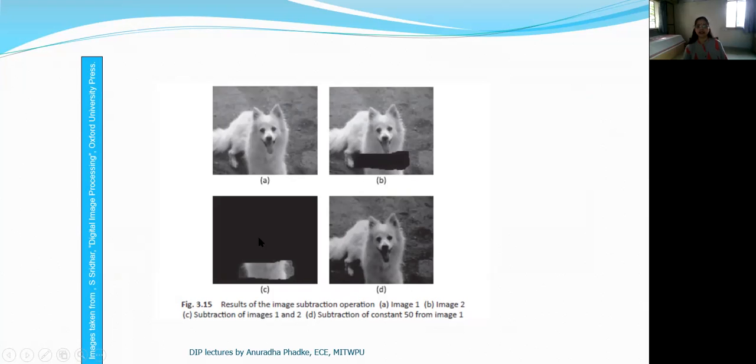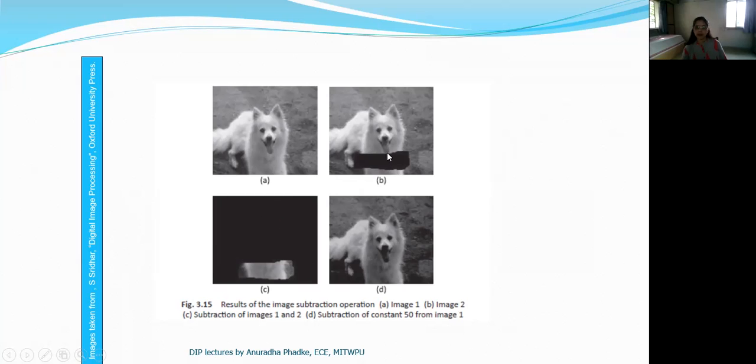So it is easily identified by subtracting image B from image A. When we subtract pixel by pixel, all the pixels except this portion are identical. So when we subtract, say, pixel value 200 minus 200, we get result 0. Except this portion, everywhere else we are getting value 0, which is indicated in the result C.